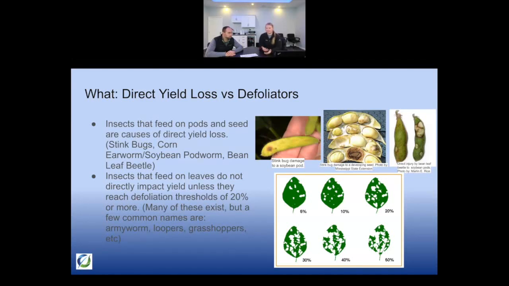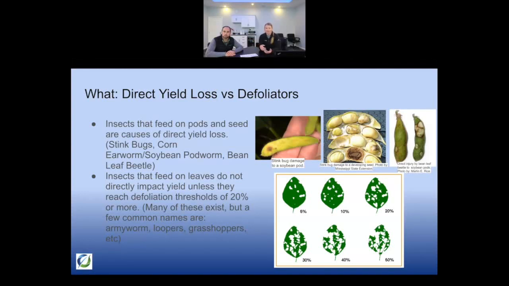With our direct yield loss insects, we think about the things that we can see, and the things that we can see most of the time are our defoliators. Like the picture we show there of the leaves. So our armyworms or loopers or grasshoppers are defoliators, and that picture in the lower right hand corner is going to show our percent defoliation across leaves, and that's going to help us make a decision on whether it is to the threshold that it needs to be in order to warrant an insecticide application.